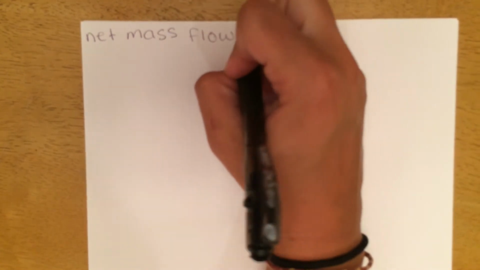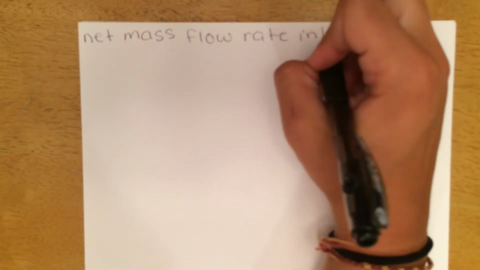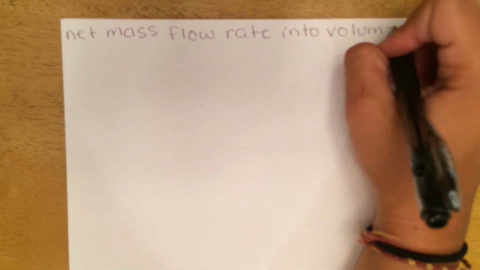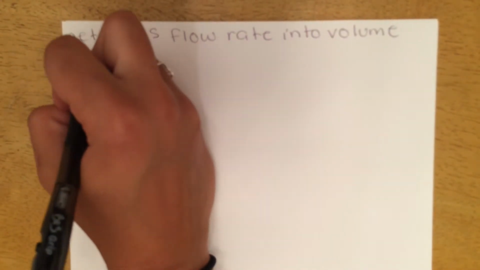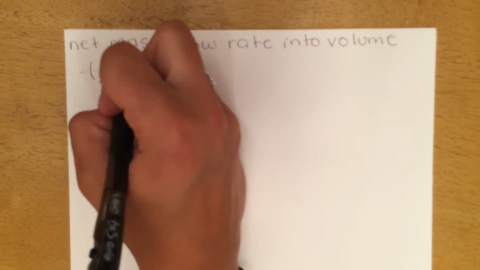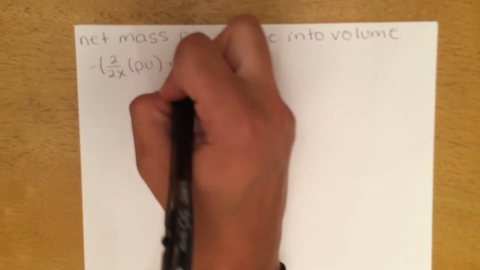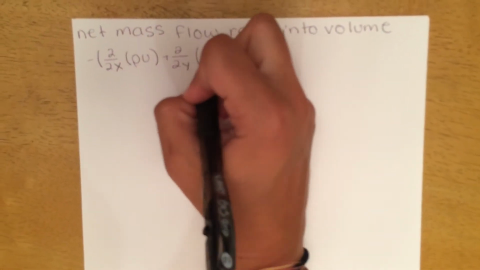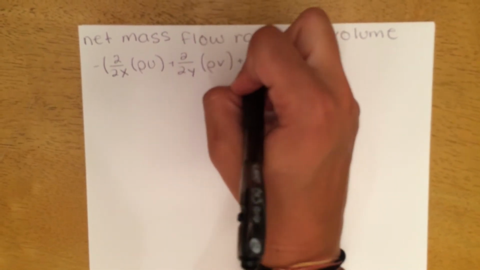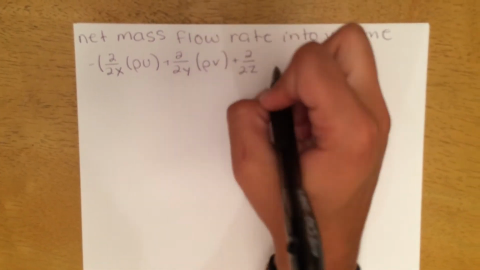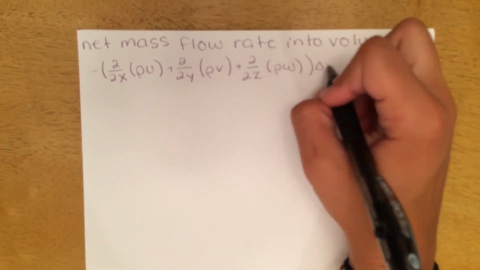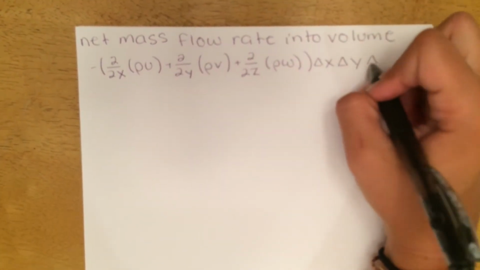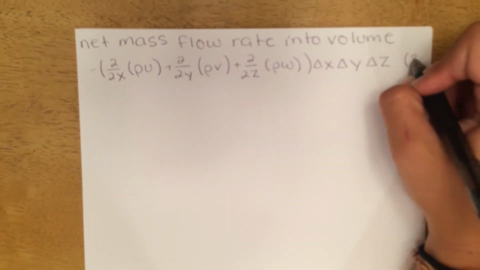The net mass flow rate into the volume is simply the sum of these three equations, 2.1, 2.2, and 2.3. This gives us the final equation for the left-hand side of the conservation of mass equation. We'll call this equation 3.